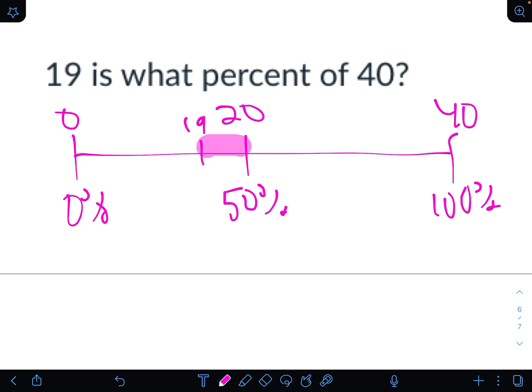But what we can do is we can get to 10 pretty easy. 20 to 10 is just dividing by 2, so half of 50 is 25%. Divide 10 by 10, and we get 1. Divide 25% by 10, and you get 2.5%.